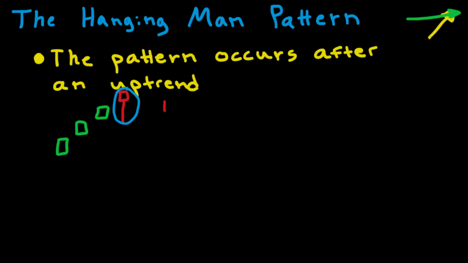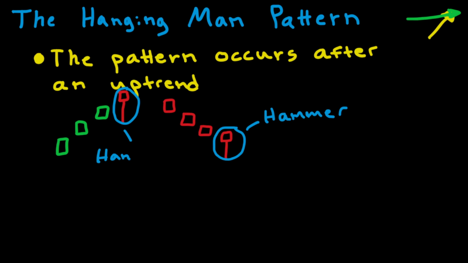But if you, for example, have a downtrend right here, and in this downtrend we see a hanging man, in this case, this is not a hanging man anymore. This is what we call a hammer. So it matters if the trend is upward or downward. It is only after a price increase that the hanging man occurs. In this case, it's called a hammer. And only in this case, it's called a hanging man.